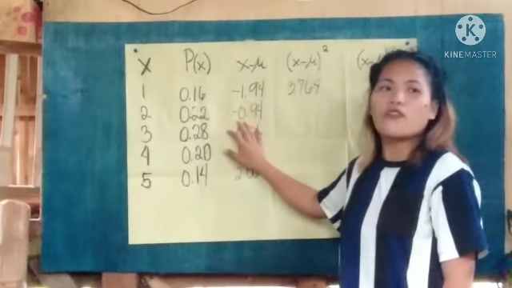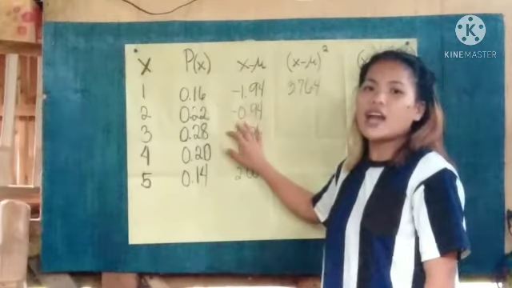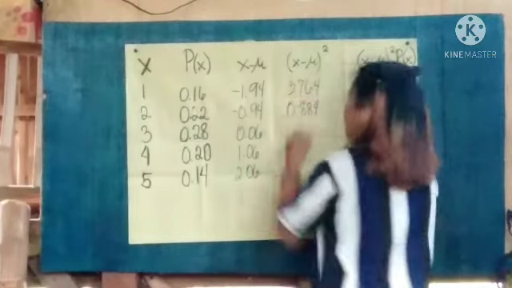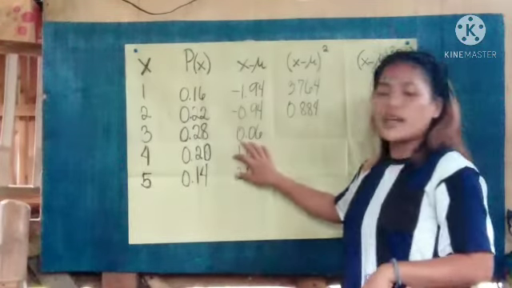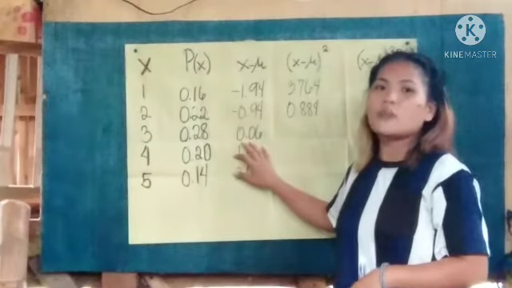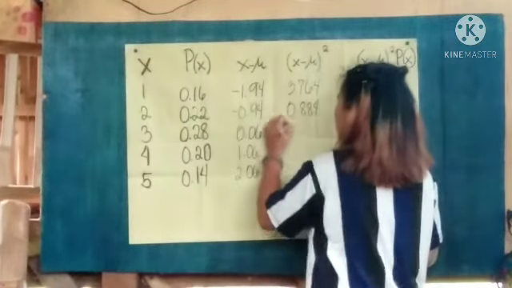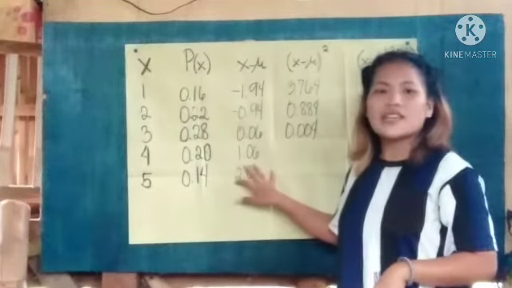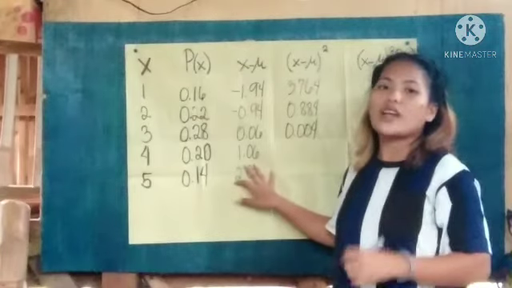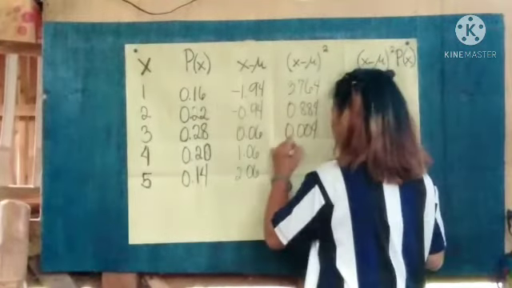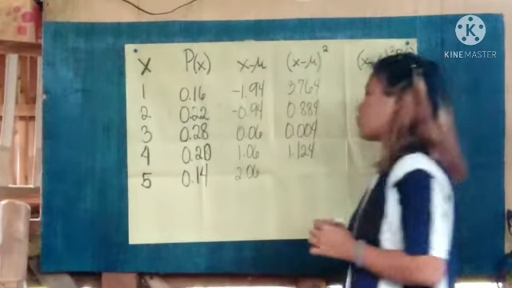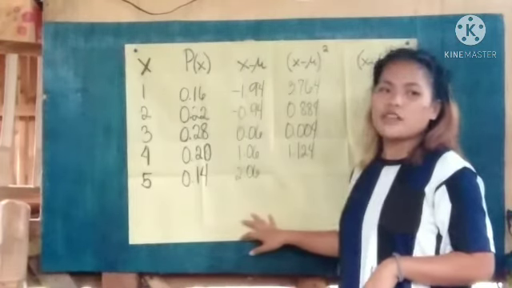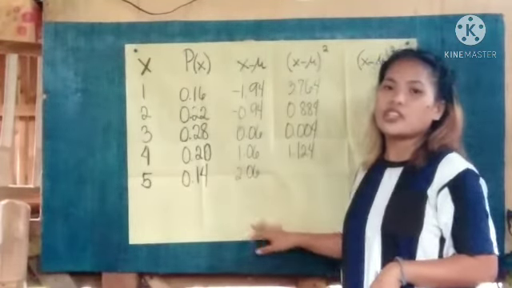Negative 0.94 squared is equal to 0.884. 0.06 squared is equal to 0.004. 1.06 squared is equal to 1.124. 2.06 squared is equal to 4.244.